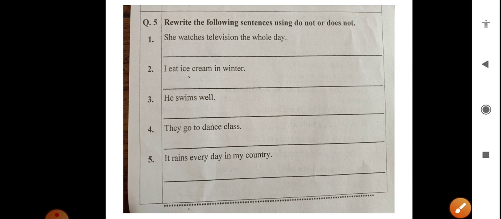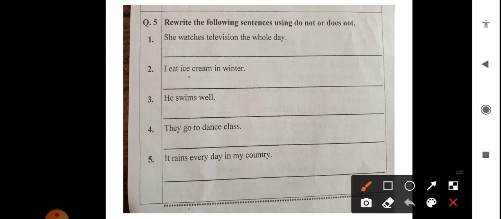Question number 5. Rewrite the following sentences using do not or does not. Now children, do not is used for plurals generally and does not is used for singular. She watches television the whole day. Now she is singular here. So she does not watch.